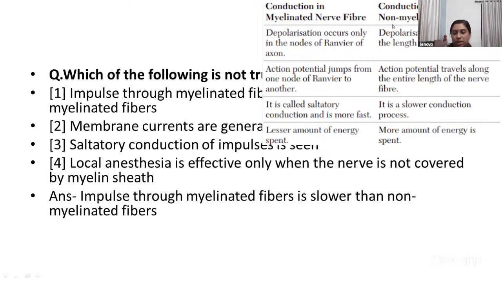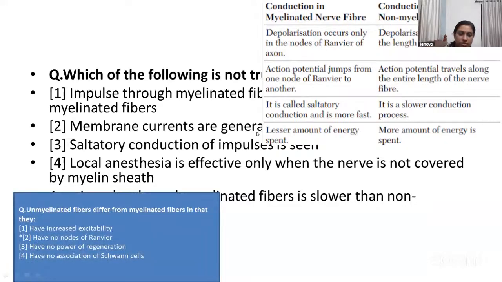In myelinated fibers the action potential jumps from one node of Ranvier to the other, whereas in non-myelinated fibers the entire length of the fiber carries the depolarization. So in myelinated fibers we see saltatory conduction, it is faster, and the energy spent during impulse transmission is lesser than in non-myelinated fibers.